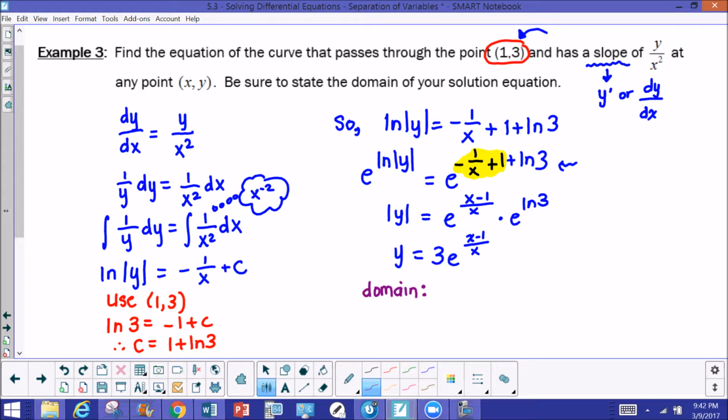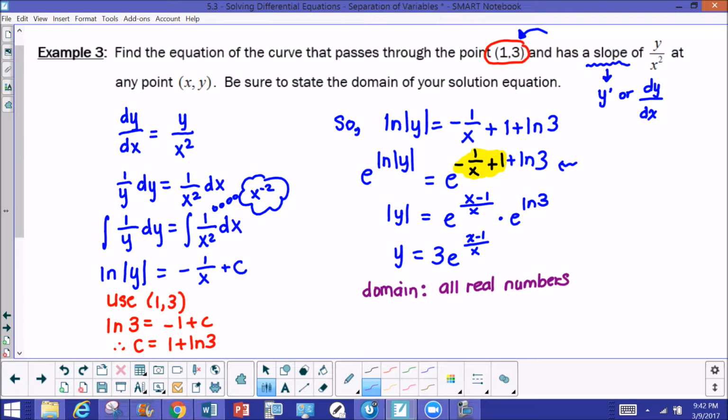But really, anything else that we could plug in for x seems to be pretty legitimate. And in fact, when e is raised to any kind of a power of x, we're going to stay with a positive result, so we're not going to compromise the fact that we declared y to be positive. So the only thing that you have to safeguard here is the fact that x can't be 0.